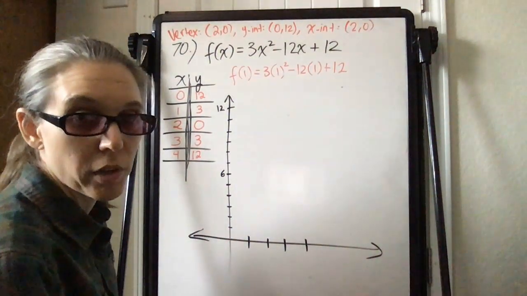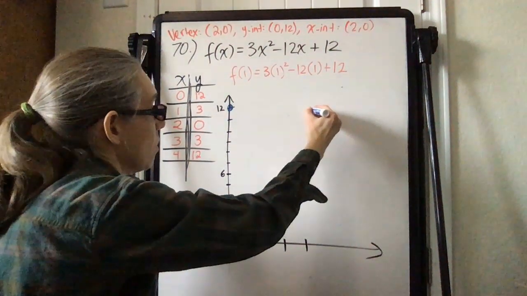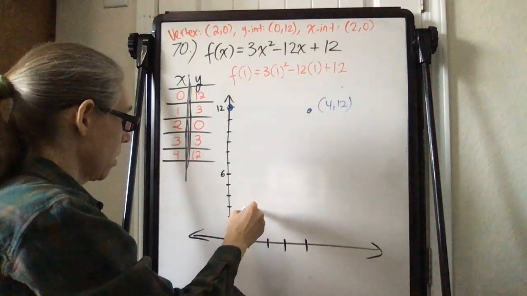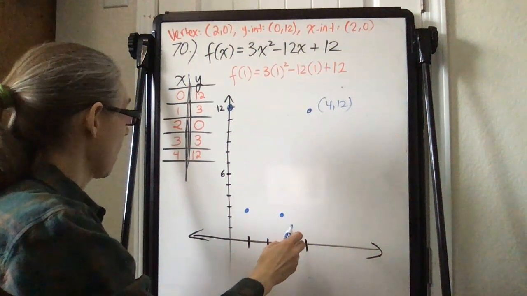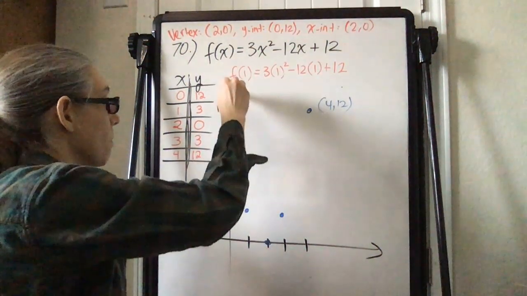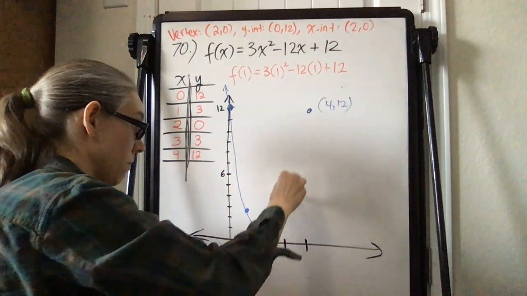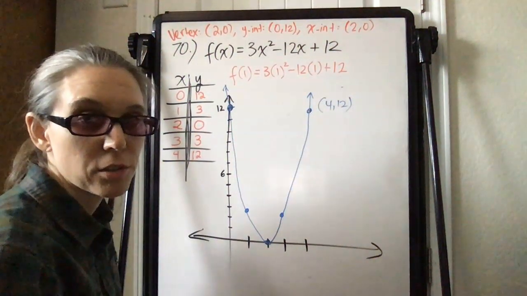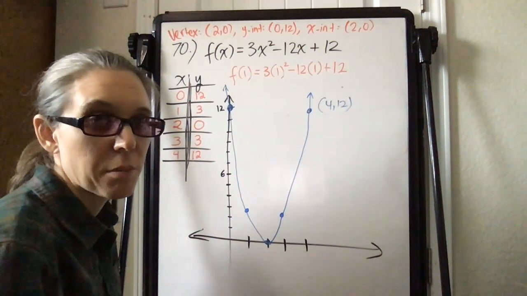So I will have a point at 0, 12, another one at 4, 12, 1, 3, and 3, 3, and then 2, 0. So that graph includes 5 points, and I have shown algebraically how I've come up with the answers.